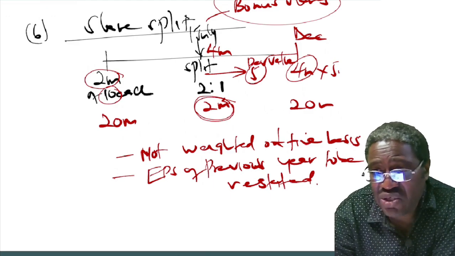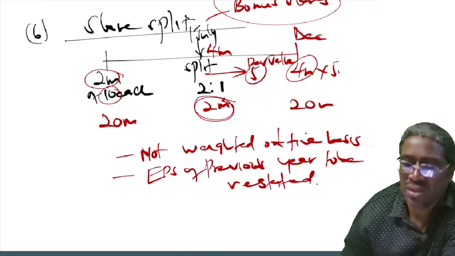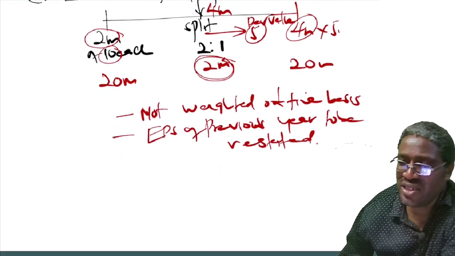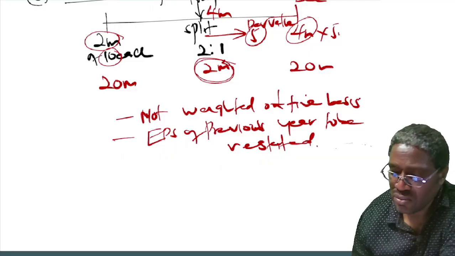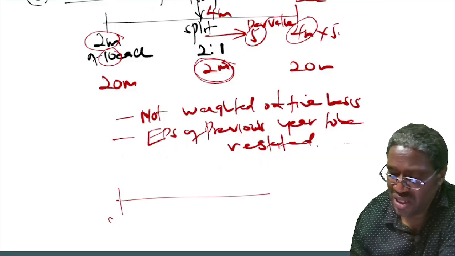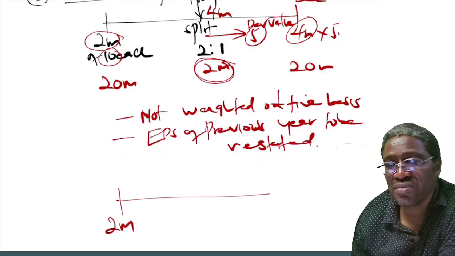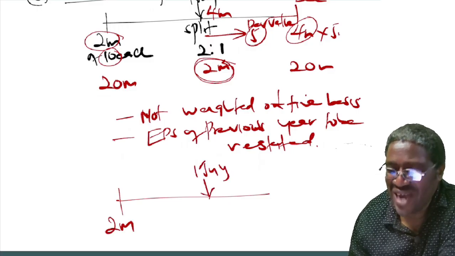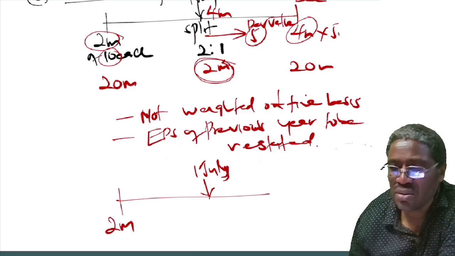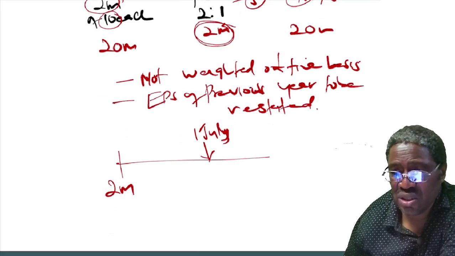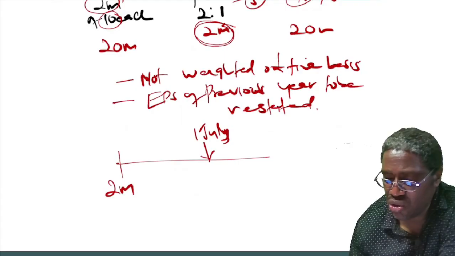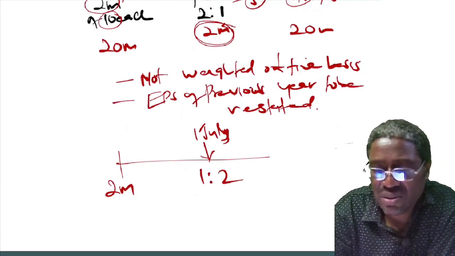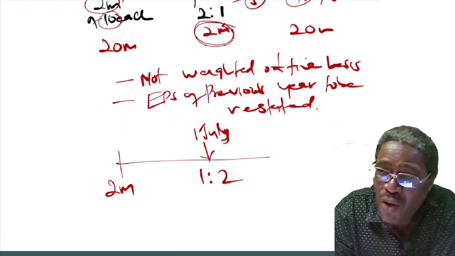The only thing I can mention is this. Listen to my question. We began the year with 2 million shares. On 1st July, we did a share split in the ratio of 1 for every 2.